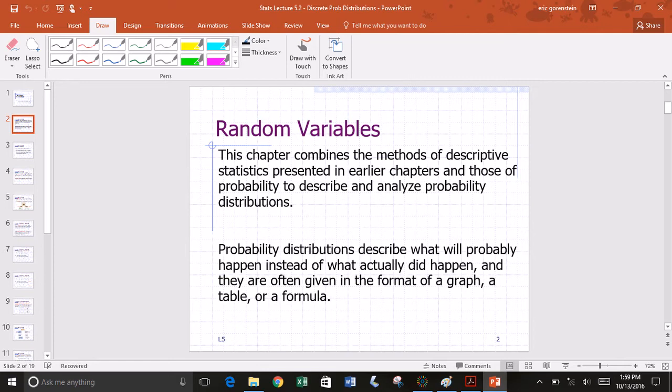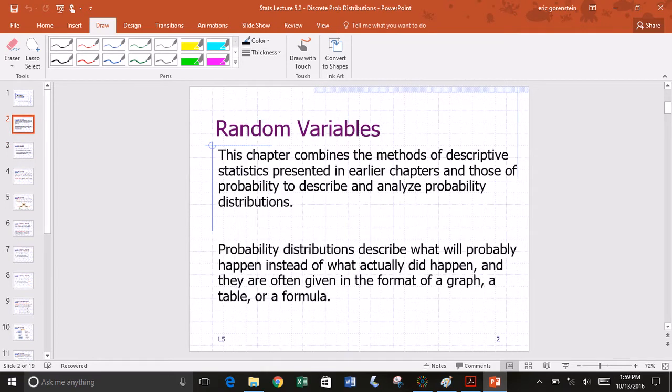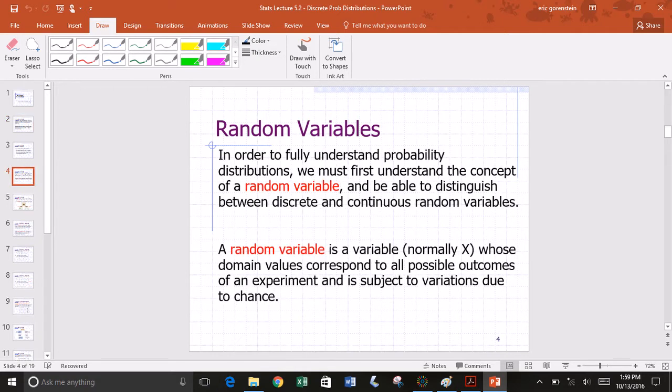So a random variable is very similar to the concept of a variable in algebra. A variable is a placeholder or a symbol that represents an unknown number. In the case of random variables, a random variable is a variable that represents any possible outcome of an experiment.